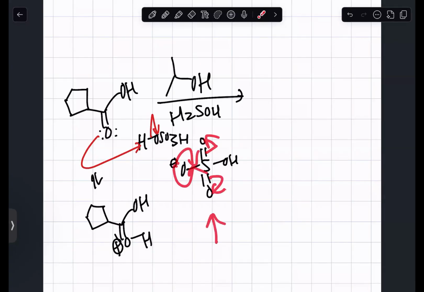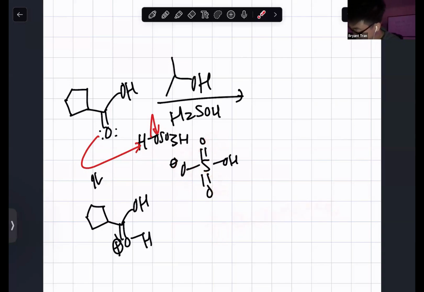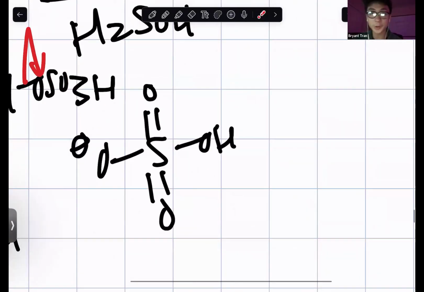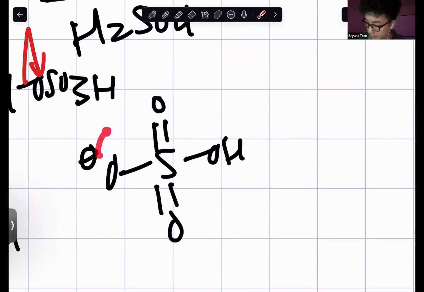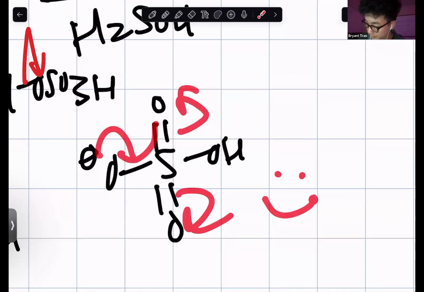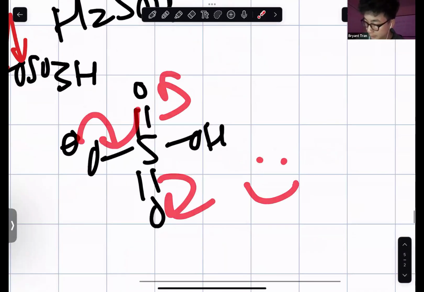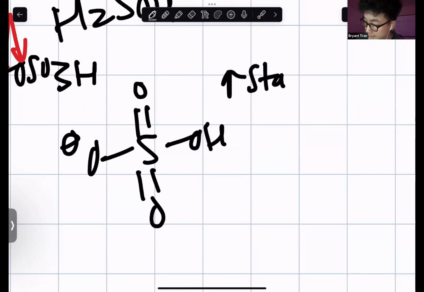That resonance right there, do you think it would increase or decrease the stability of the molecule? It would decrease. So more resonance means more stability. Right. Because think of it as if the electrons can move more, it's gonna be more happy, more stable.